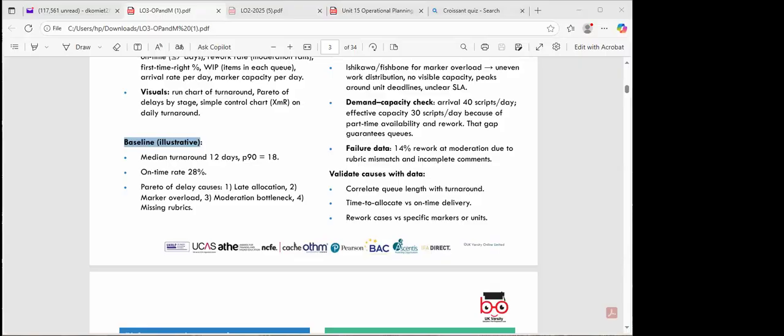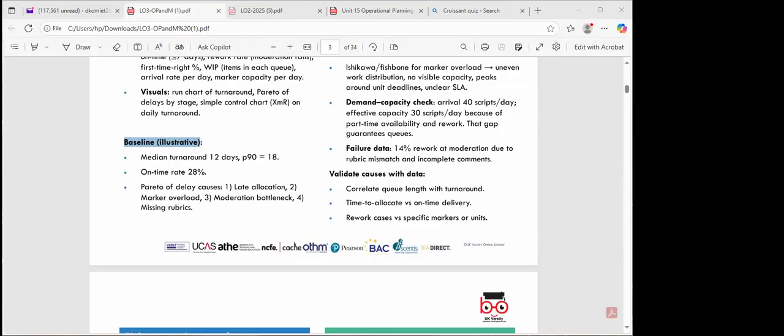So Pareto rule, Pareto charts, which is the 80 to 20 rule.